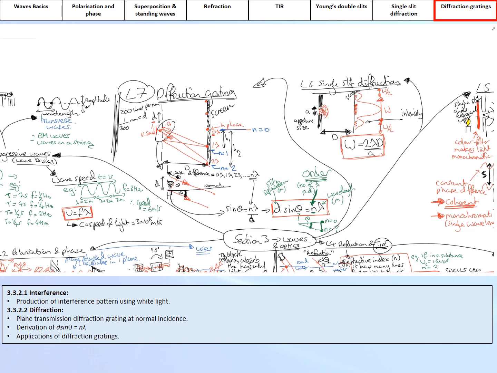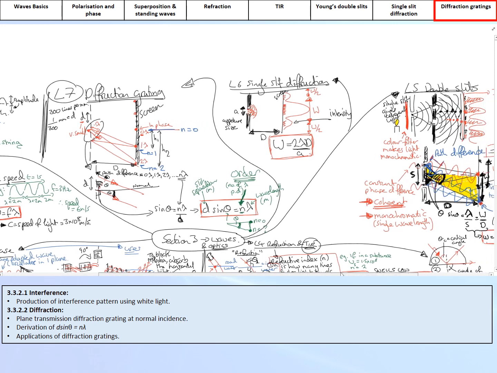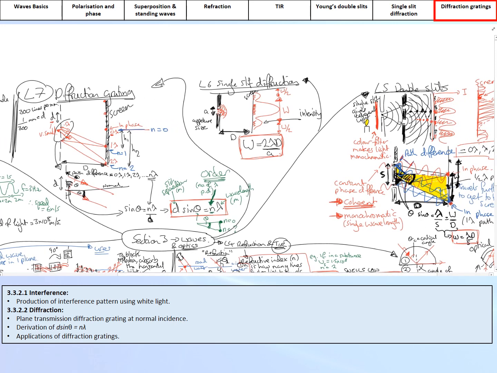Now, what will happen if we have, for all of these things, different colors? Well, for that, we need to know the order of the colors of the rainbow, which is red, orange, yellow, green, blue, indigo, and violet.